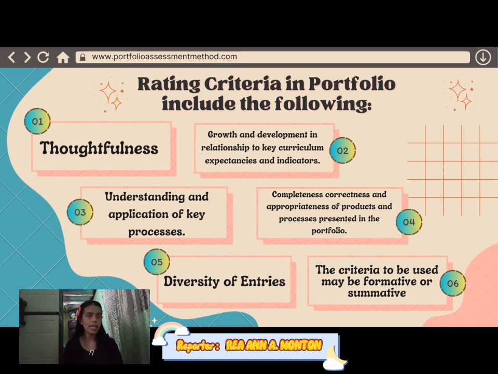So next is understanding and application of key processes. So kaya siyang understanding, this is the reflection of the students and how they internalize the portfolio processes. So kaya siya unsa ilahang pag-comprehend in processing making their portfolio.